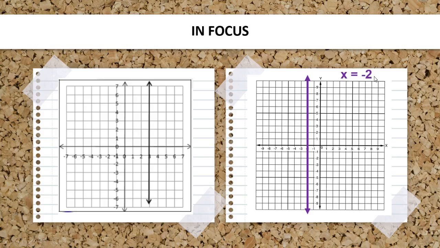Why is this so? Each and every time, x is always -2, no matter what the value of our y. If our y is 0, x is -2. If our y is +7, x is still -2.